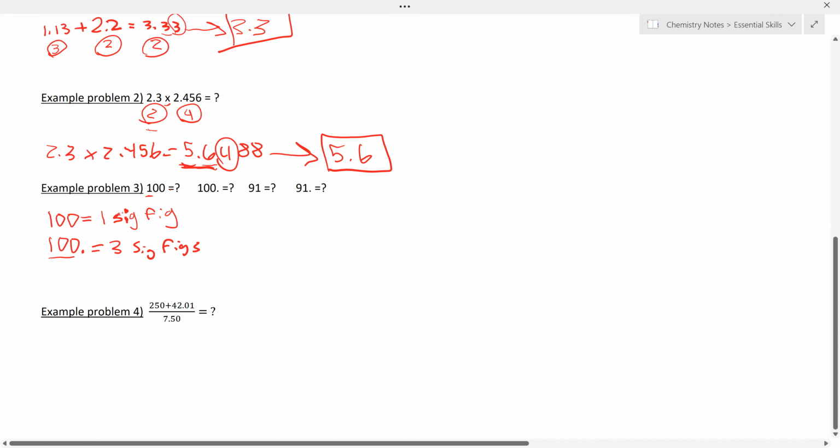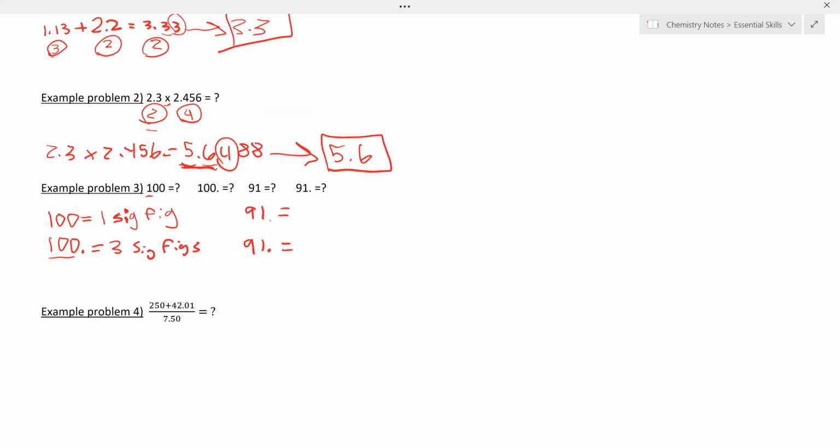Now with the 91, it'll work a little differently. Because here you have 91 with no decimal. So this is very interesting. Until a little while ago, I had just assumed, from what I had learned and understood, that this meant none of it was significant, that it doesn't play into the problem at all, similar to exact numbers, like the gas constant, where the sig figs don't play into your equation at all.